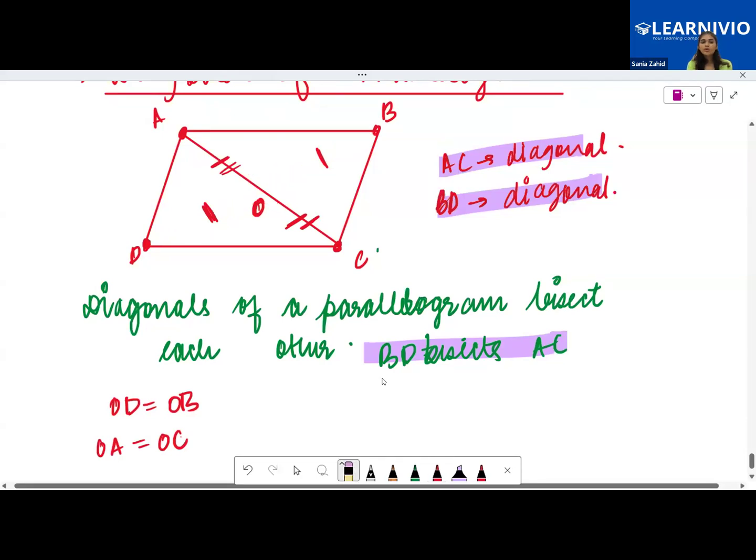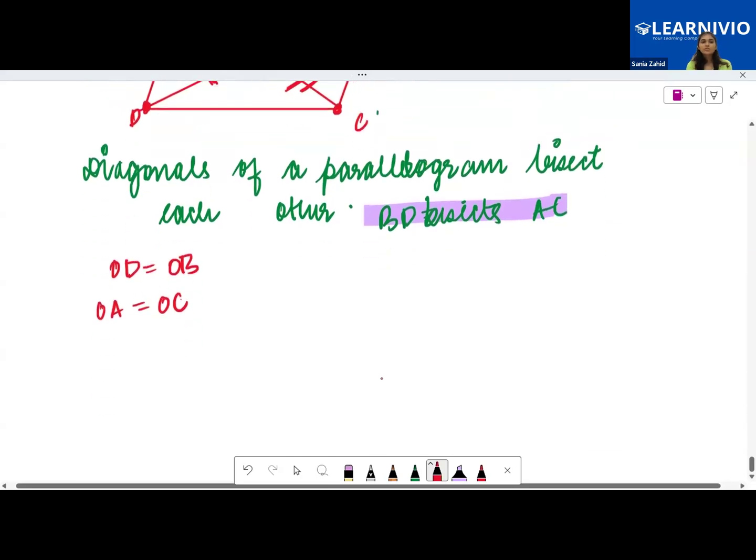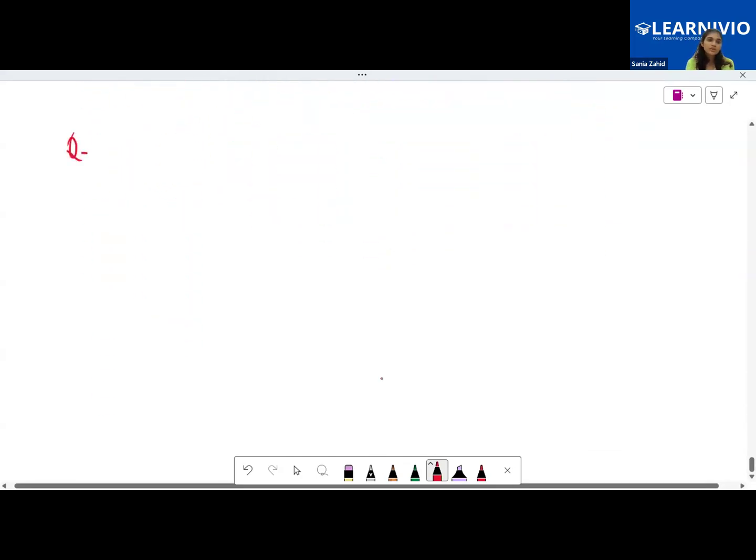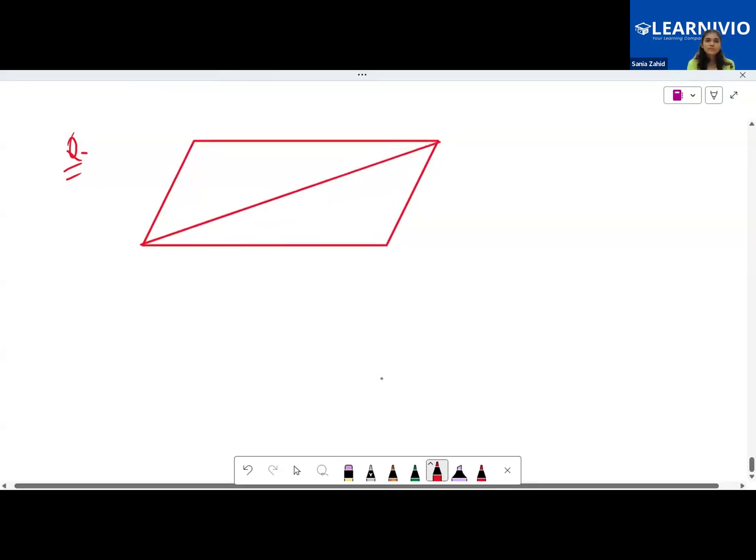I'll teach you one more concept now with the help of a question. Please pay attention to the question. Let's consider that you have a parallelogram ABCD. This is the diagonal.